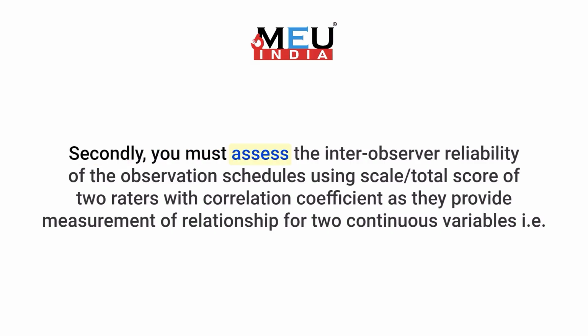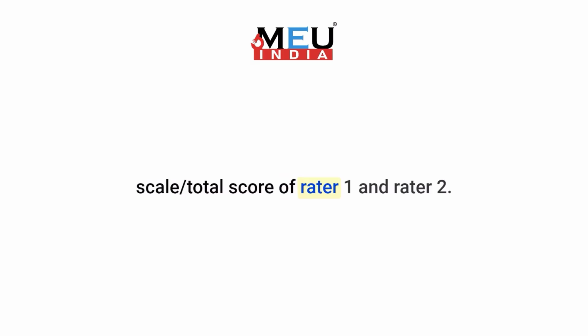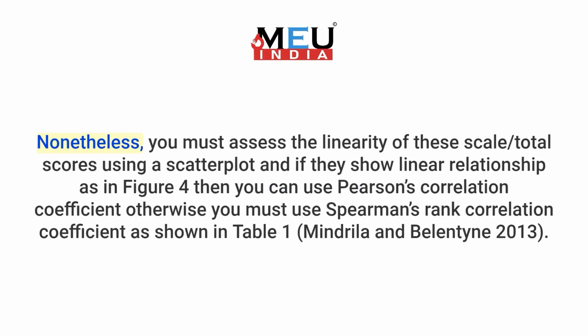Secondly, you must assess the inter-observer reliability of the observation schedules using the scale total score of 2 raters with a correlation coefficient, as they provide measurement of relationship for 2 continuous variables, i.e., the scale total score of Rater 1 and Rater 2.